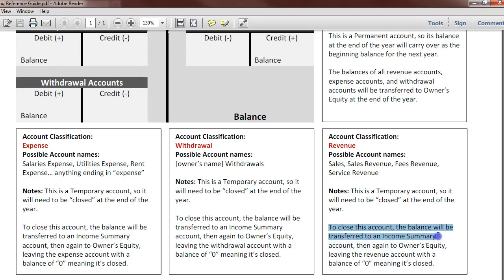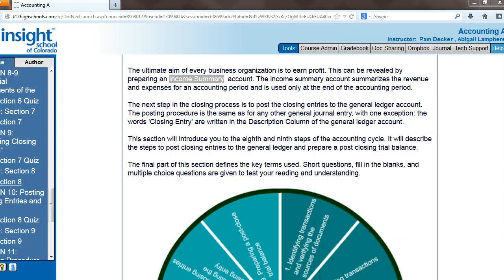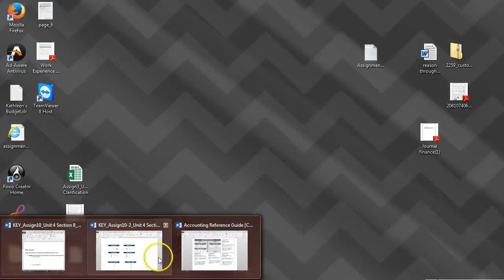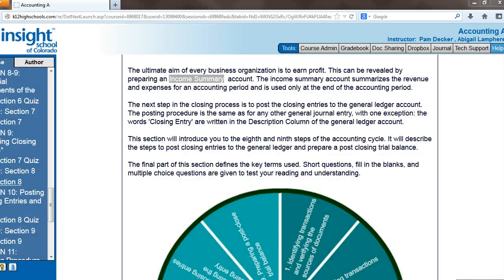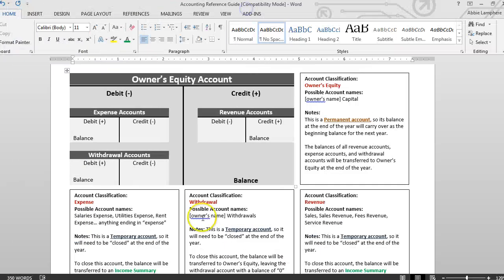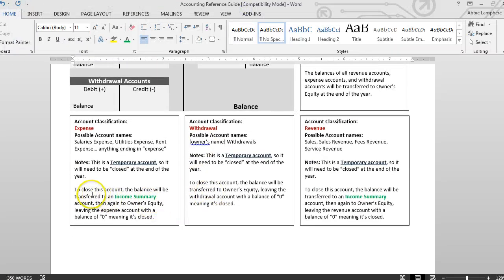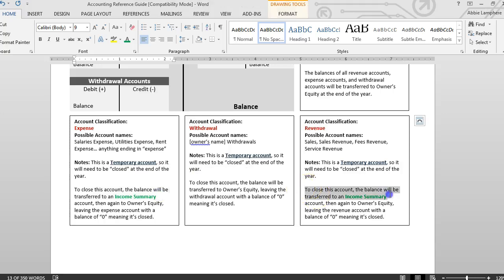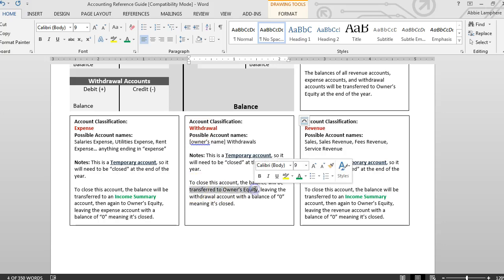Revenue account, the balance will be transferred to income summary. I actually made that PDF that I sent to you incorrectly, so I'm going to be sending out a new one to you. So, expense account will be closed to income summary, revenue account will be closed to income summary, and the withdrawal account gets transferred directly to owner's equity.